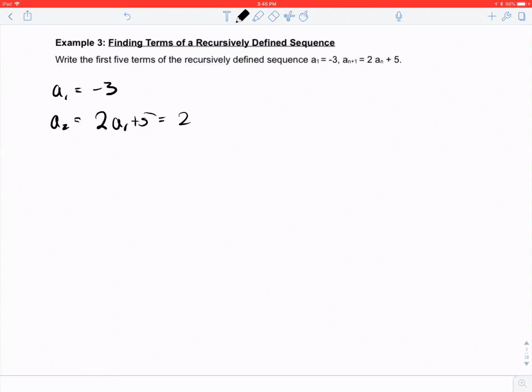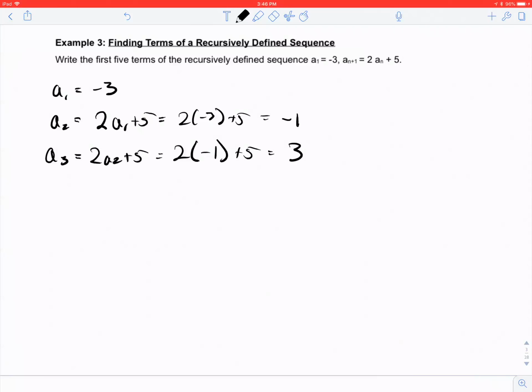So that's 2 times negative 3 plus 5. That's negative 6 plus 5. It's negative 1, right? So then A3 is going to be 2 times A2 plus 5. So that's going to be 2 times negative 1 plus 5. Negative 2 plus 5. It's going to be 3.